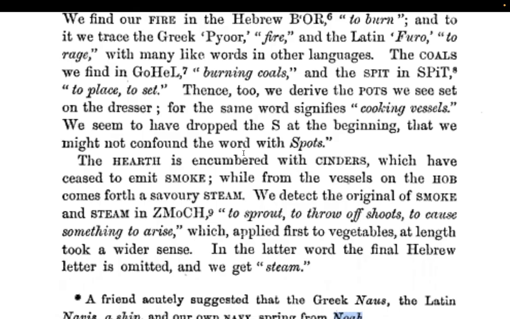The hearth is encumbered with cinders, which have ceased to emit smoke, while from the vessels of the hob comes forth a savory steam. We detect the original of smoke and steam in zamoch, to sprout, to throw off shoots, to cause something to rise.